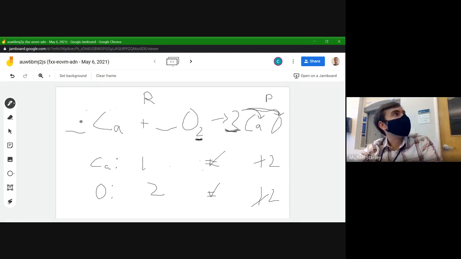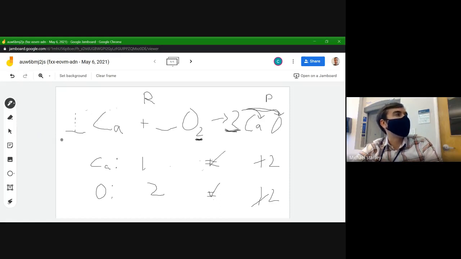Imagine that there's an invisible number 1 right here. If there's not any coefficient written, it's like there's a number 1 that we just didn't bother to write in. So it's telling us that if there's no coefficient, that means that there's 1 single Ca atom in our reactants.